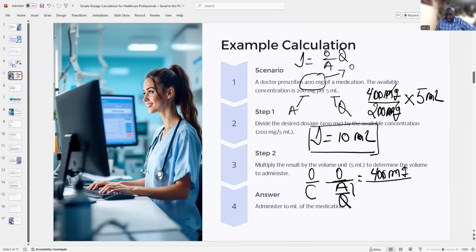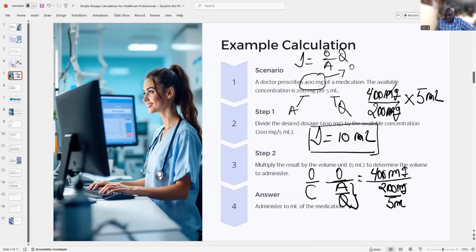I can go ahead, solve this thing right there. Which one is my available? My available is 200. Which one is my quantity? My quantity is 5. All right, so from here, dear friend, you let your available right there, it's 200 milligram divided by 5 milliliter.